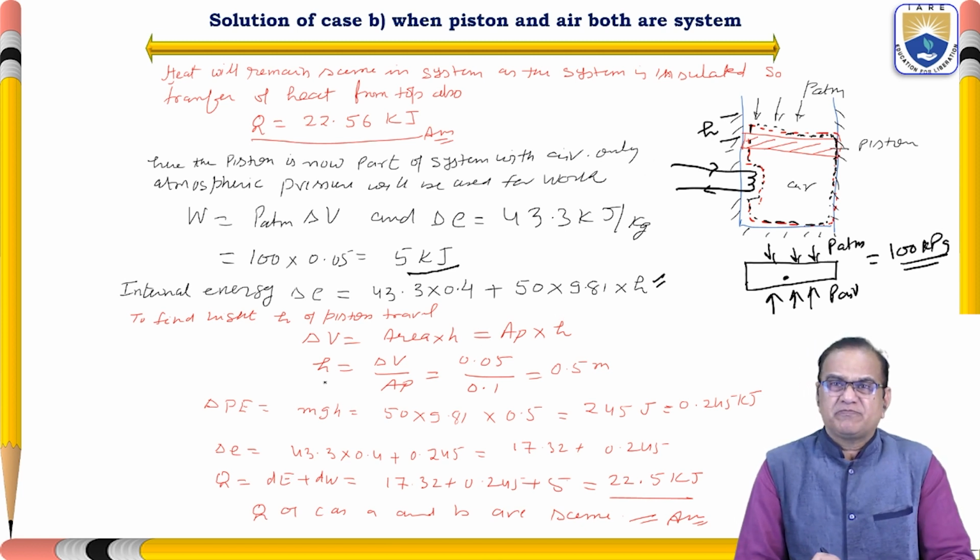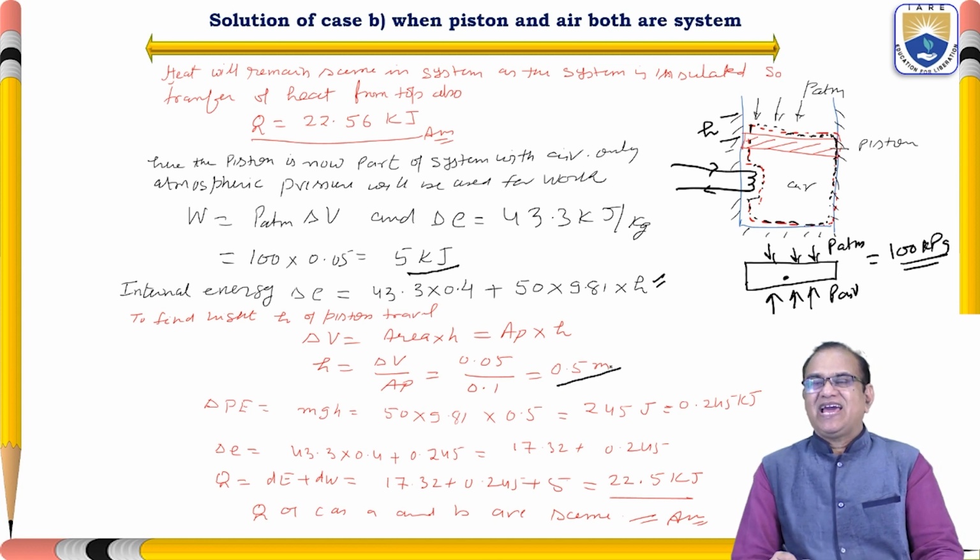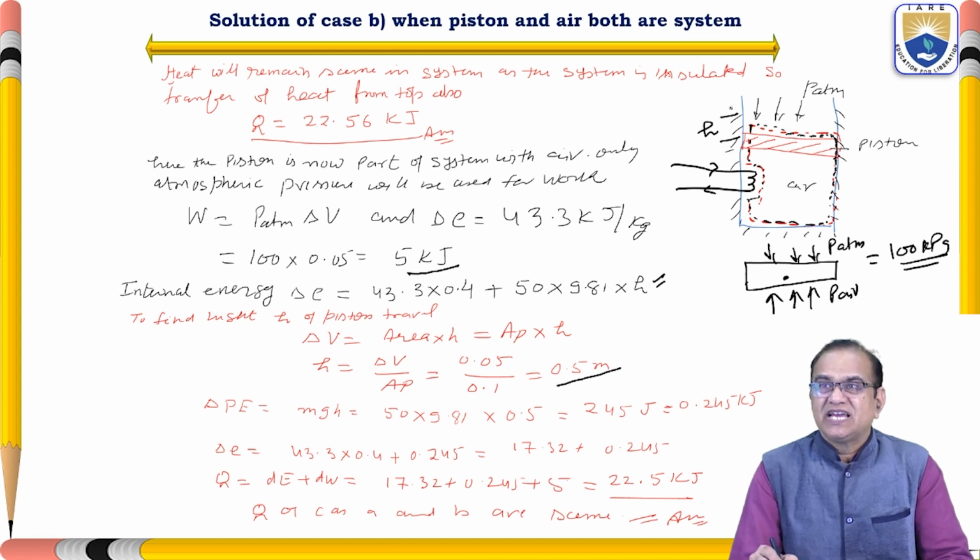So H we can find out is equal to delta V by area of the piston. So this is 0.05 divided by 0.1, so 0.5 meter it has traveled. This distance, from the initial position to the new position, is 0.5 meter.